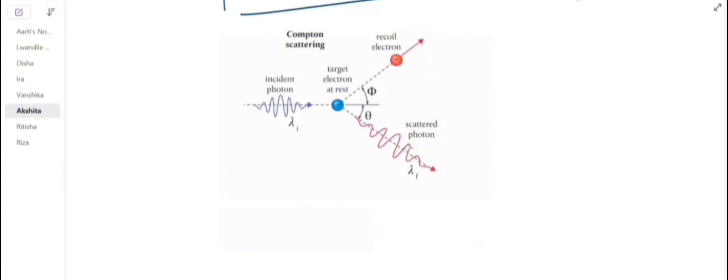If you want, you can even do it, but you need to be very fast. Calculate the wavelength of 0.002 nanometer photons, which are scattered at a 90-degree angle. So your cos theta will become cos 90. The h value is fixed, 6.63 × 10^-34.